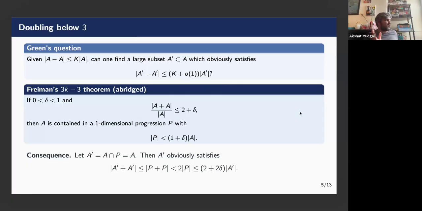So this is okay. We can answer Ben's question when delta is quite small. But already if the doubling is 2 plus a half, even Freiman's 3k minus 3 theorem does not seem to give an answer to Ben's question. I think one reason is that you're asking for structure on the entirety of A, while for Ben's question, we are happy to pass to a subset.